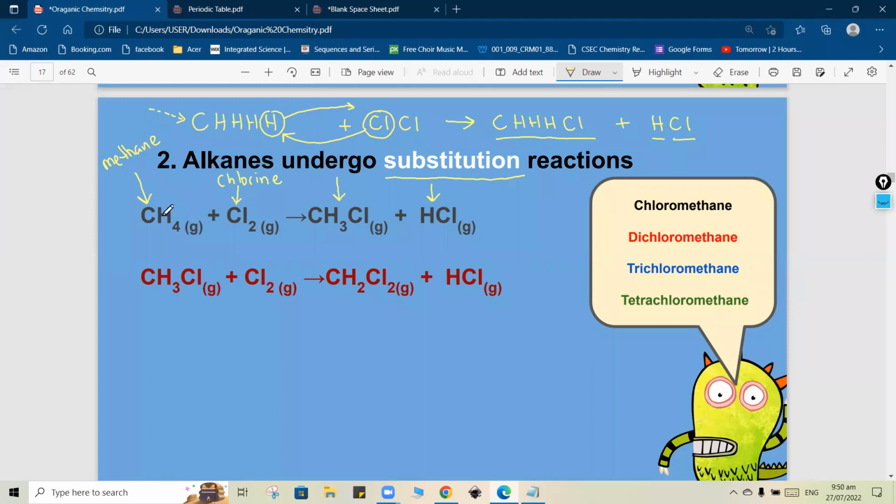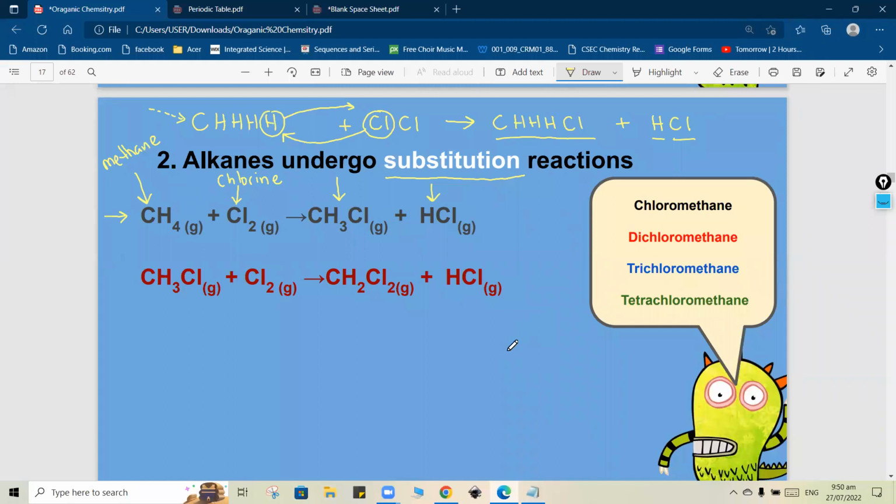So always look out for that in a substitution reaction. Look for somebody to get kicked out, and of course, whatever gets kicked out has to get replaced by something. All right? So I want everyone to only take down the first line, right?